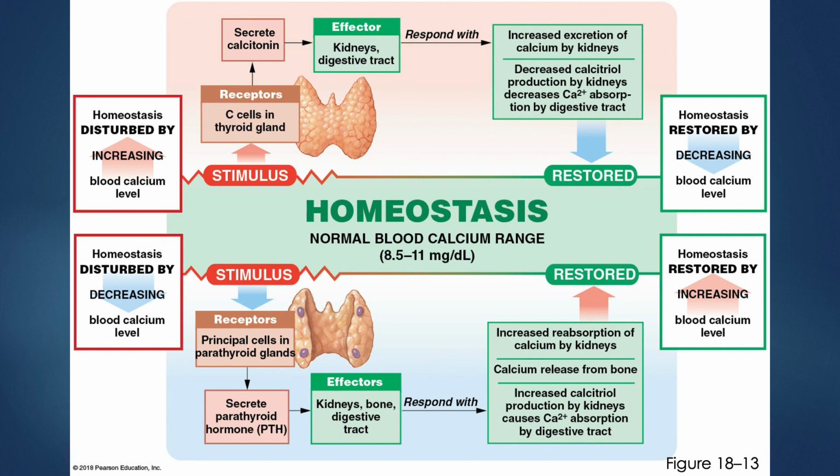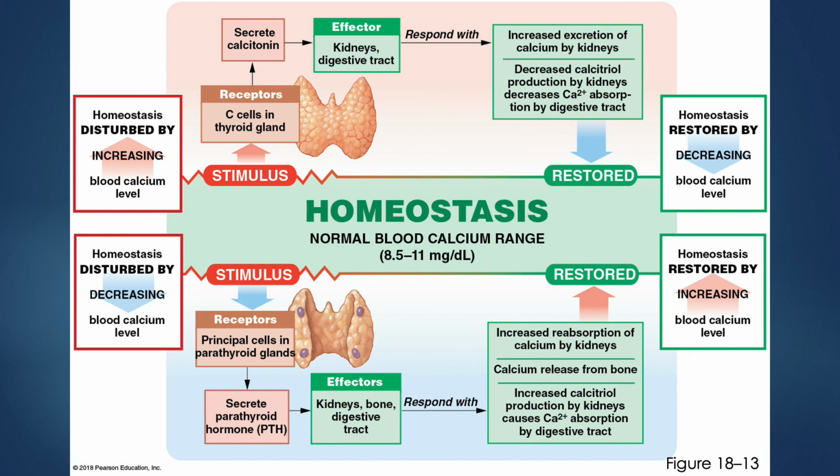And it will decrease the production of calcitriol by the kidneys, and so that also helps to decrease the calcium absorption by the digestive tract. So we're not taking any more in through food that we're eating. In that pathway, this is how we restore homeostasis via our thyroid gland because of an elevated blood calcium level. Now the opposite is true using the parathyroid glands in the other direction.